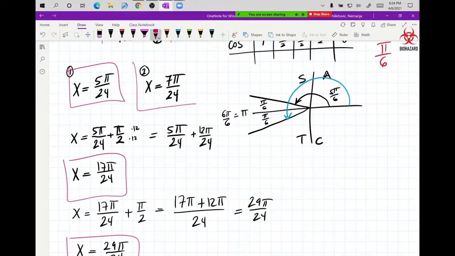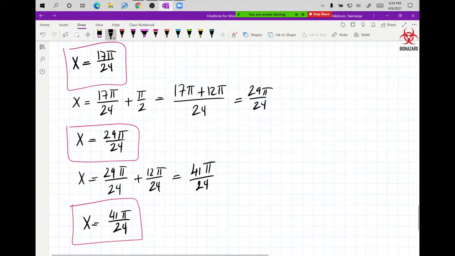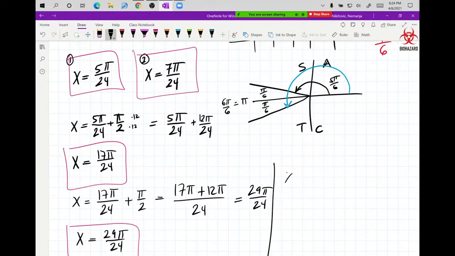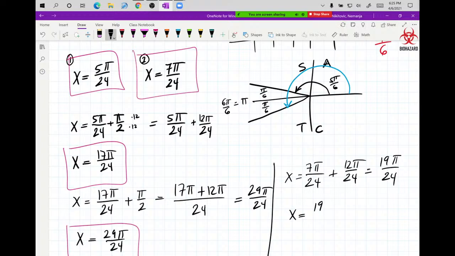Now we also have this solution, and that's going to be our first solution to give us our second set. So second set is 7 pi over 24 plus, we said 12 pi over 24. That's 19 pi over 24. So x equals 19 pi over 24.